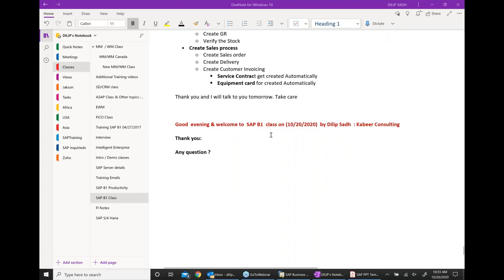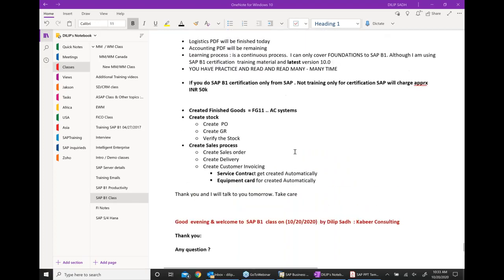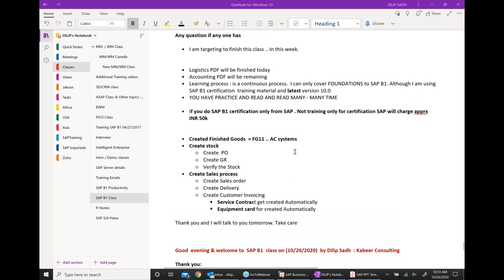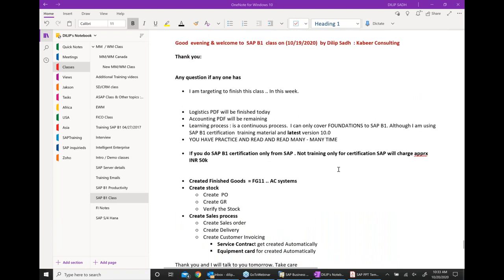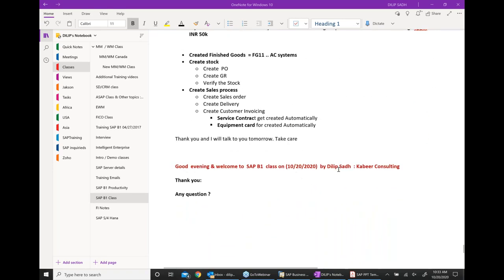Okay, so let us begin. Let us briefly talk about what we discussed yesterday. Yesterday, we basically talked about the concept of the service module. What does the service module do?